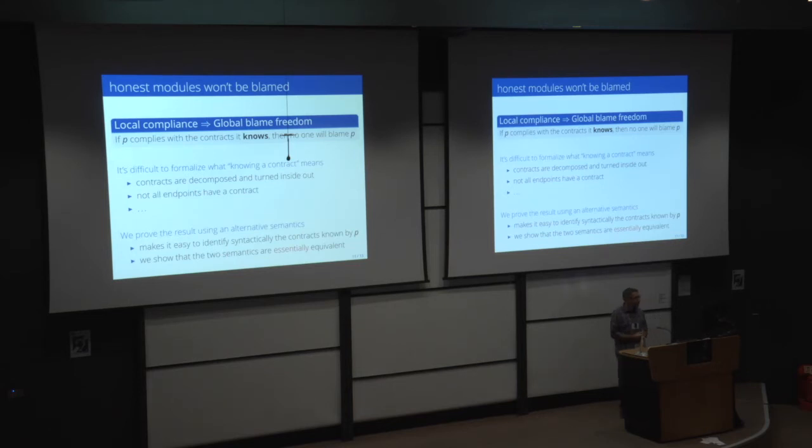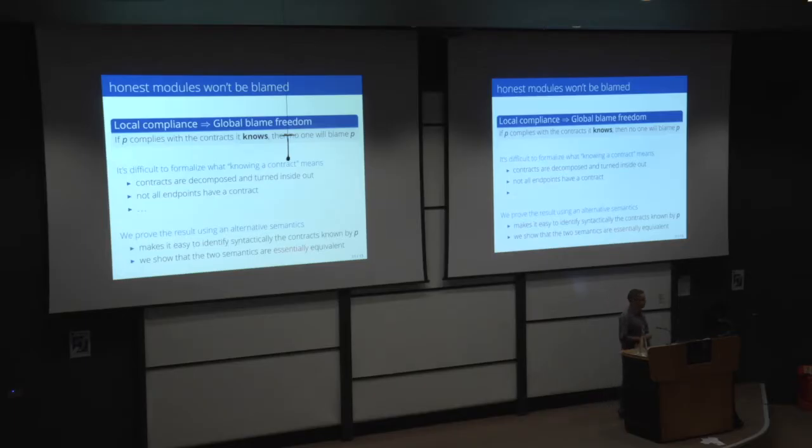And by using these alternative semantics, we can prove the result. Then we show that the two semantics are essentially equivalent, not completely equivalent, in the sense that who identifies a contract violation may be different according to the two semantics, but who gets blamed is uniquely defined.